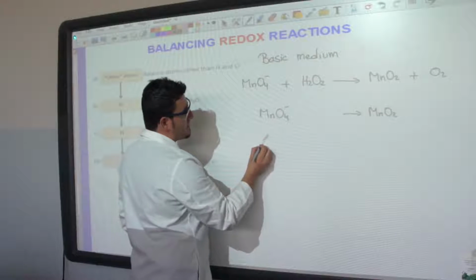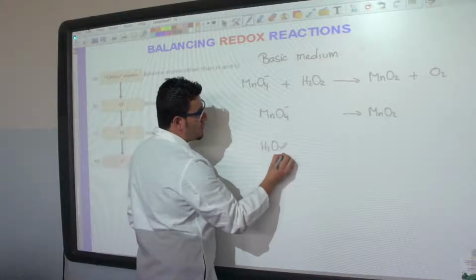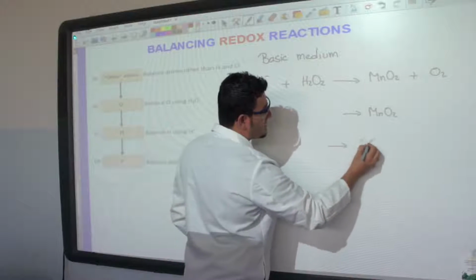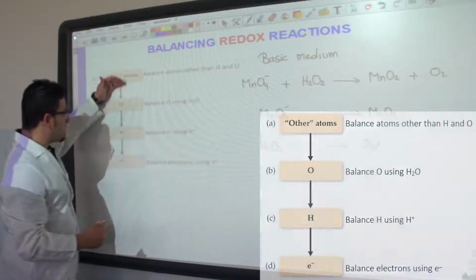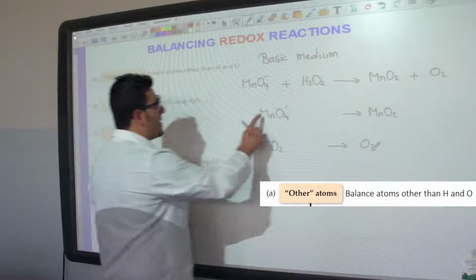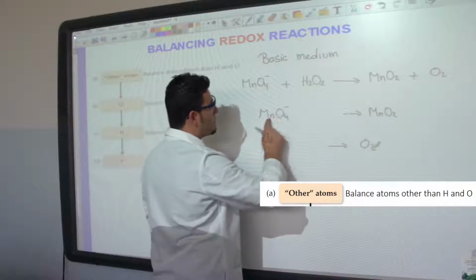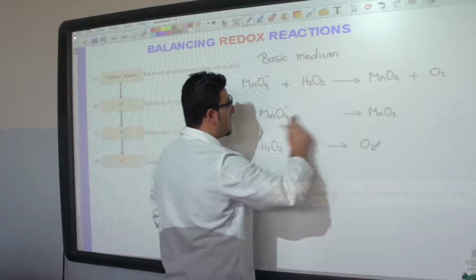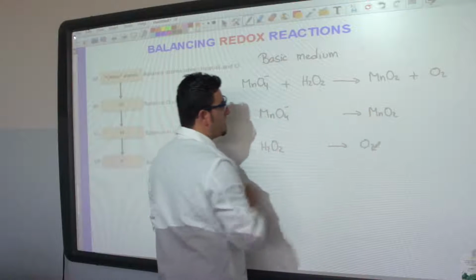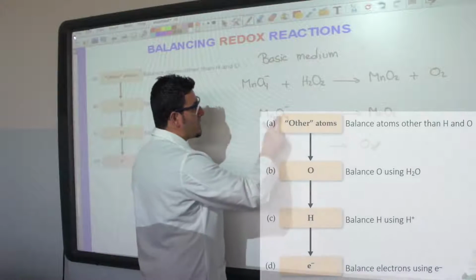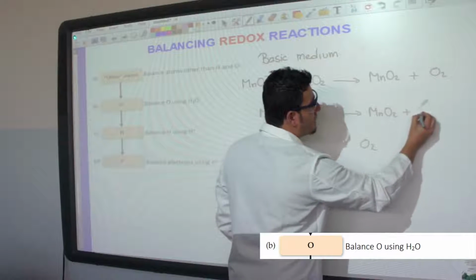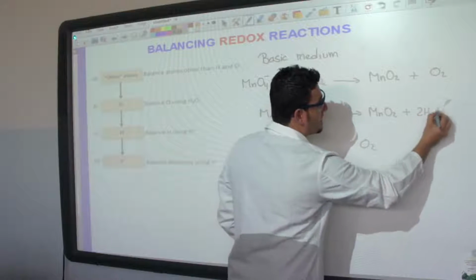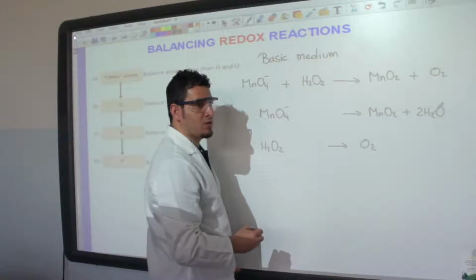And the second is H2O2, it gives O2. Now, I will follow the same steps. Balance other atoms other than oxygen and hydrogen. So 1 Mn, 1 Mn. So that's good. 4 oxygen, 2 oxygen. So I still need 2 more oxygens. So I will add 2 water molecules.